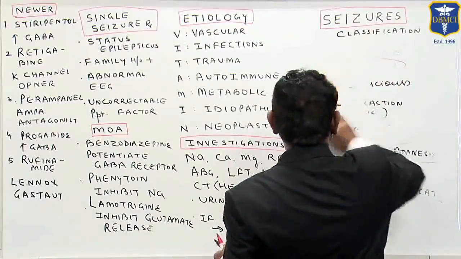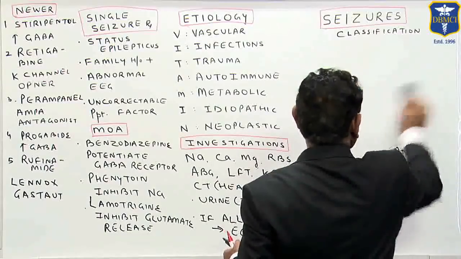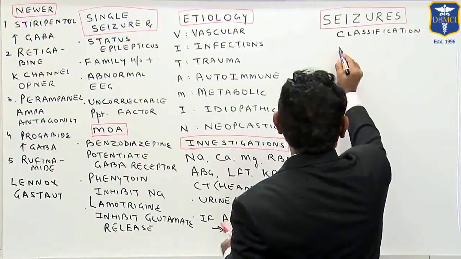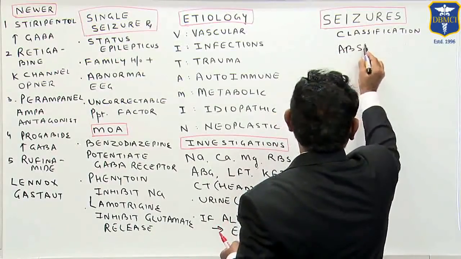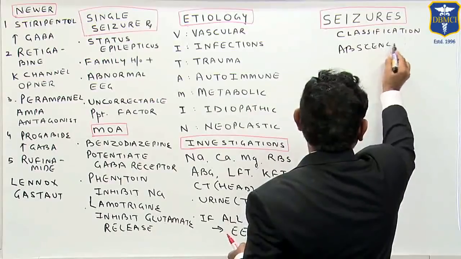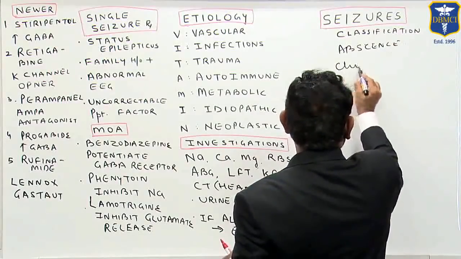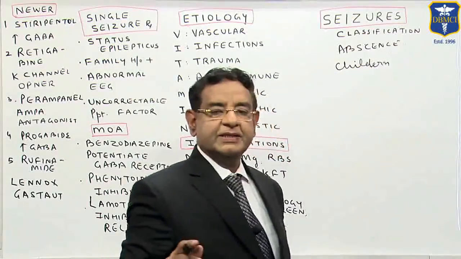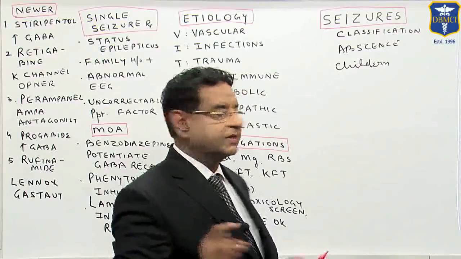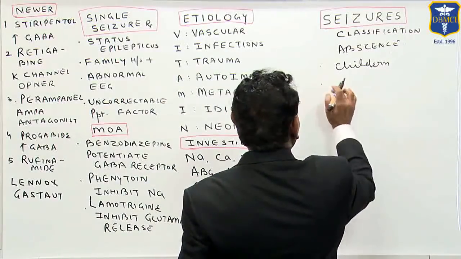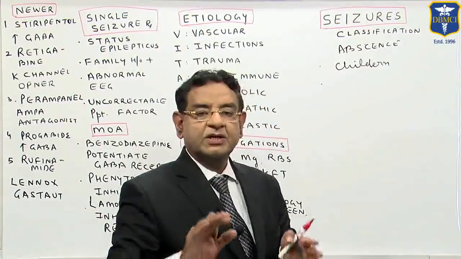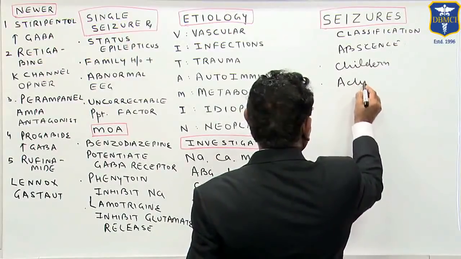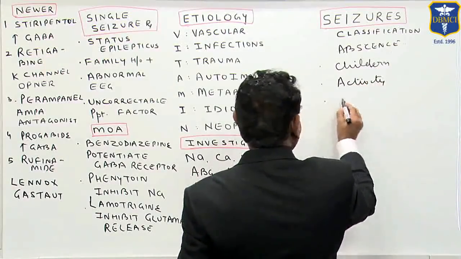Now we talk about absence seizure. Absence seizures are typically seen in children, and there is transient stoppage of the ongoing activity, like a daydreaming.